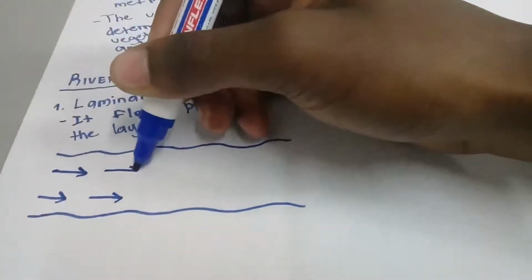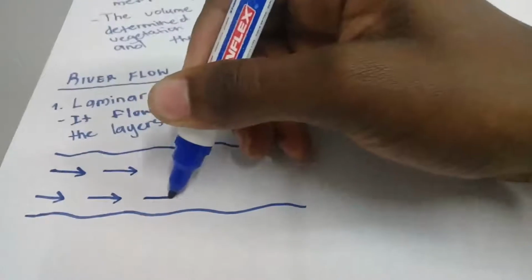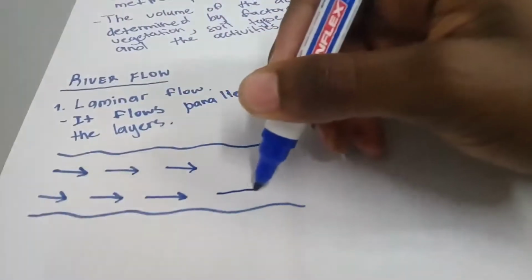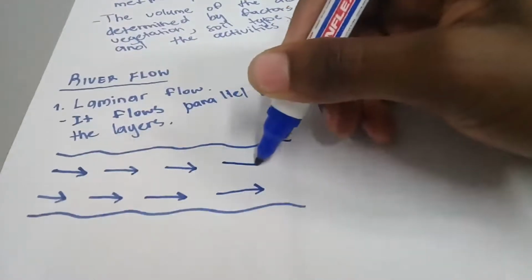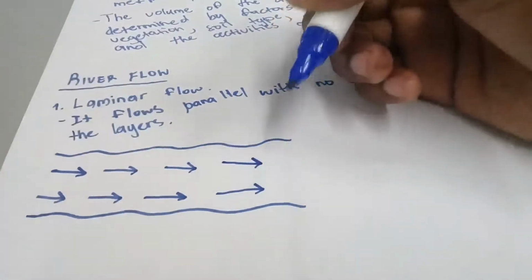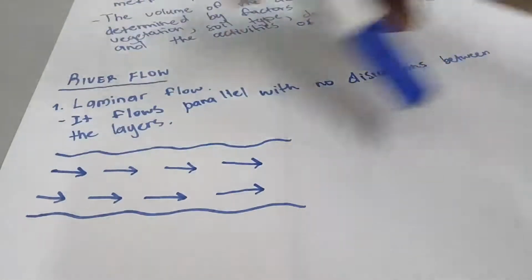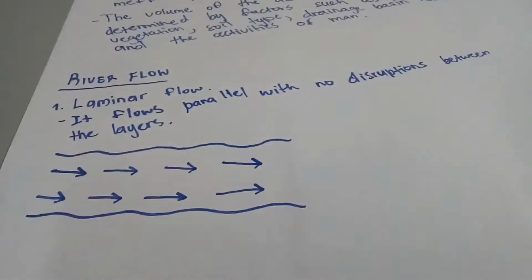Flowing smooth. You can see it's flowing smooth. This is a laminar flow, the water inside the river flowing smooth. It's easy, guys. A laminar flow flows smoothly. And then let's go to a turbulent flow.